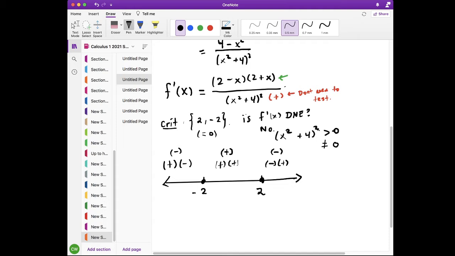So at x equals -2, f of -2 is it a max or a min? The derivative changes from negative to positive. Does that mean it's a max or a min?